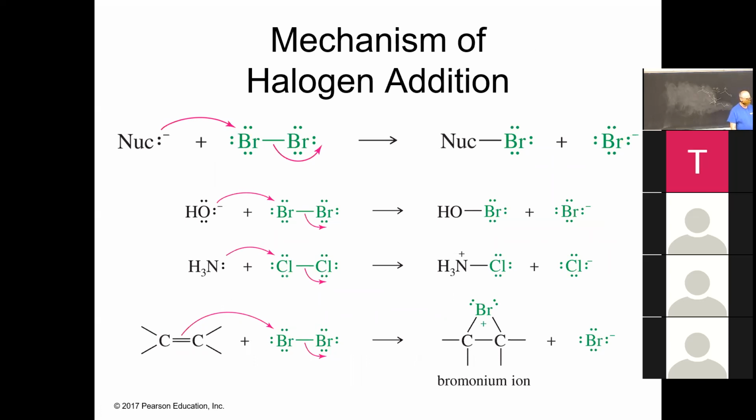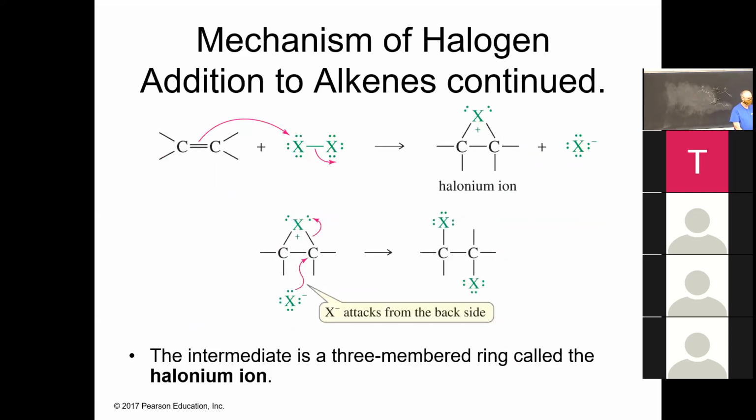We go through this bromonium ion, this 3-membered ring. So when the alkene attacks bromine, it forms this bromonium ion, or a chloronium ion if we're using chlorine.